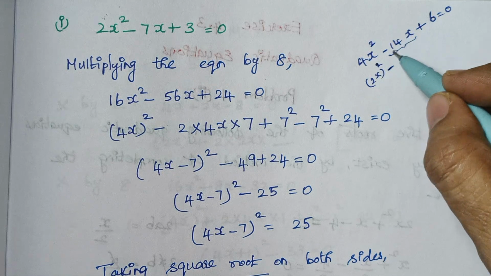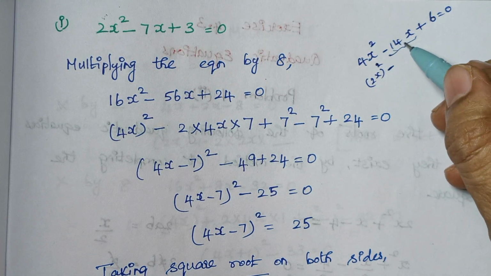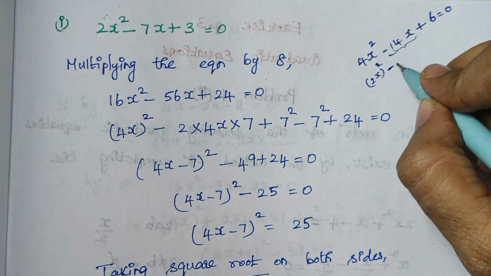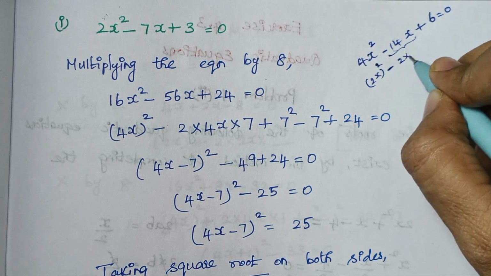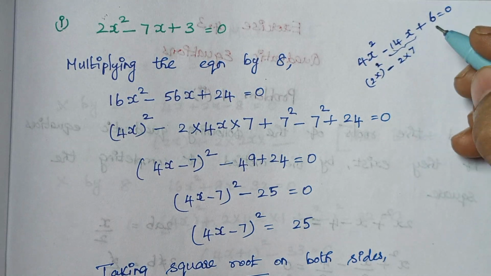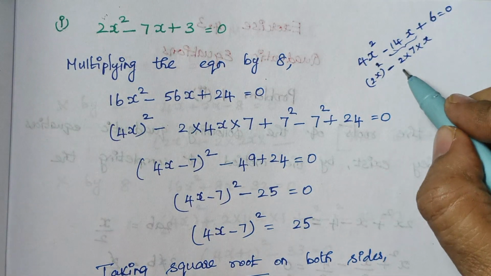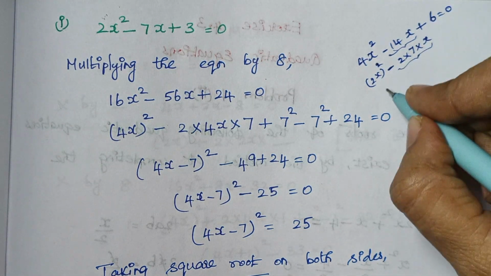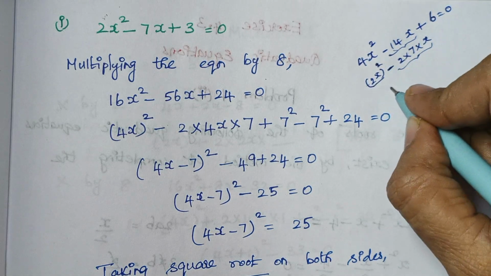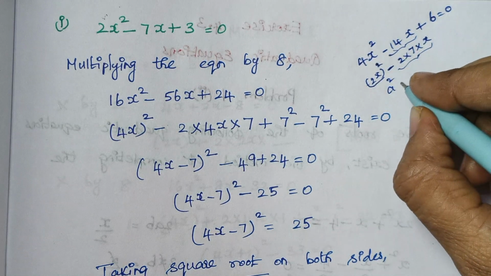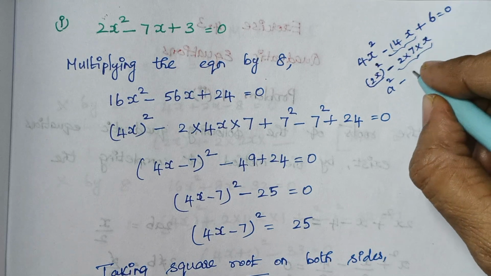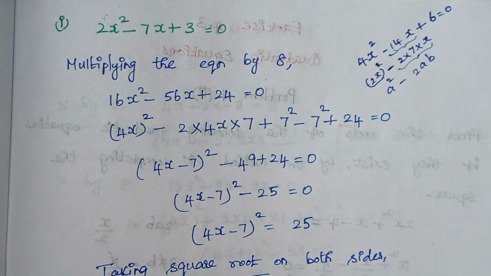So this 14, how can I split this 14? This 14 can be split as 2 into 7 into x. So this 2x the whole square stands for a square, and this stands for 2ab.